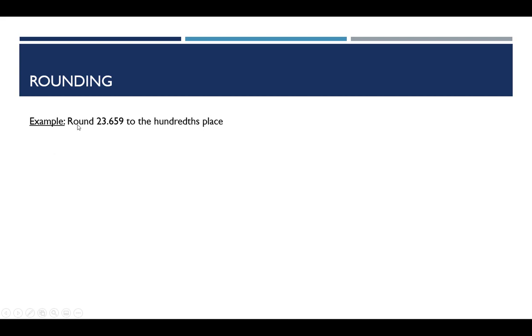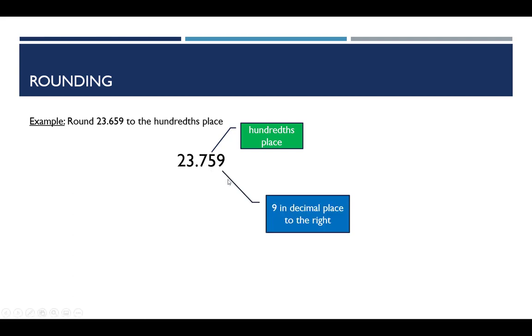So let's say you're asked to round 23.659 to the hundredths place. So first we have to locate the hundredths place. The hundredths place would be the 5. Now your rounding number is the number to the right of that. It's a 9.